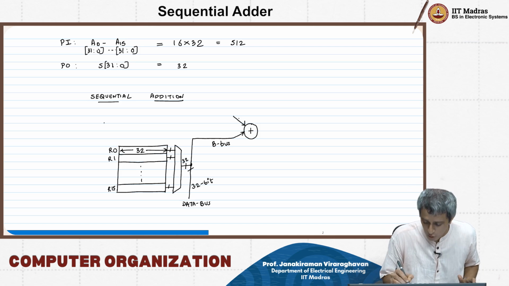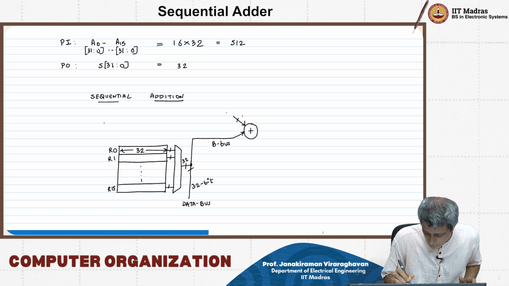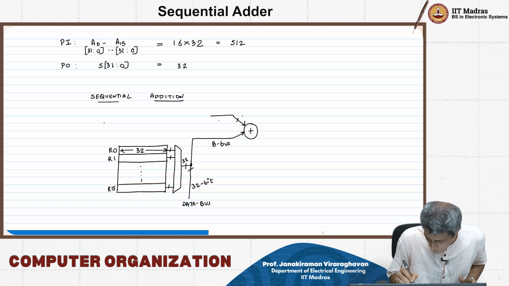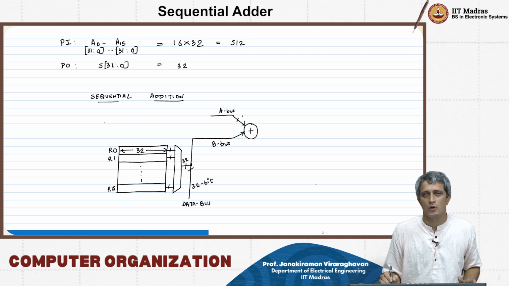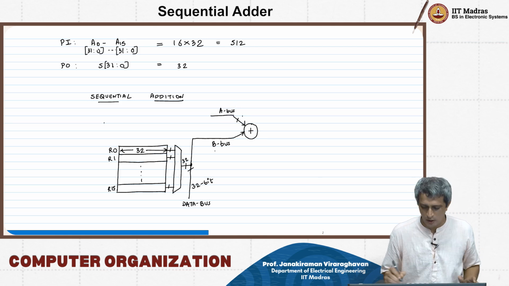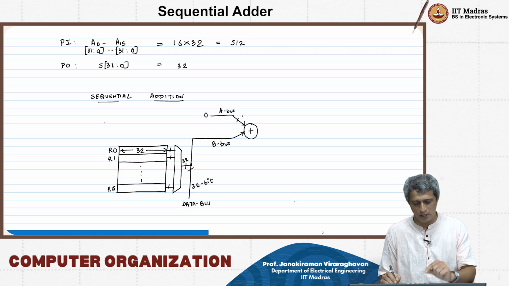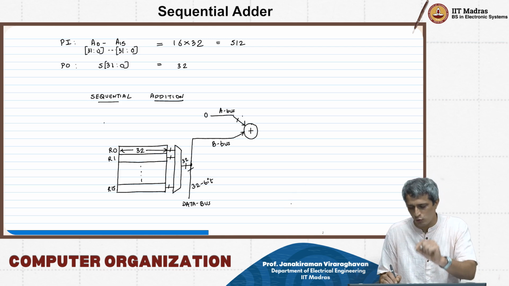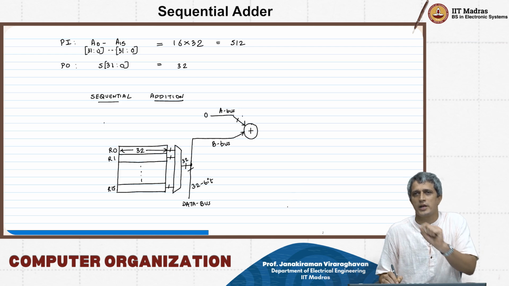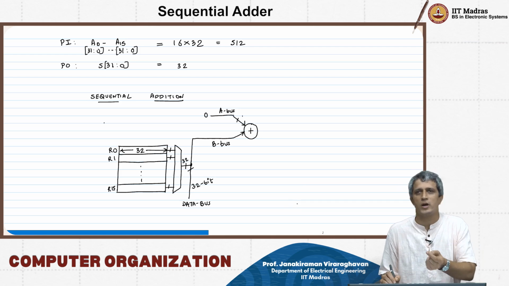What is the A input of the adder? This is the A bus. If I tie this input to 0, then when the multiplexer puts the R0 value on the B bus, the adder will give R0 as the answer, for R1 it will give R1.